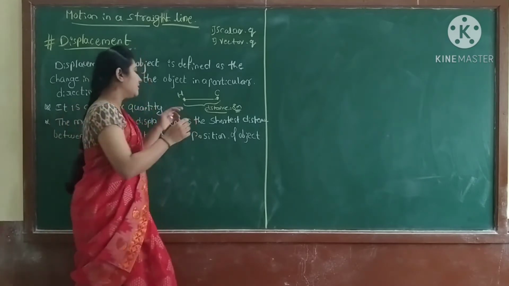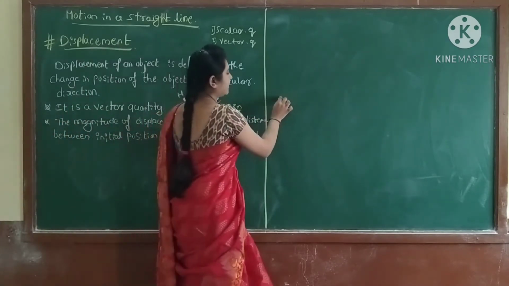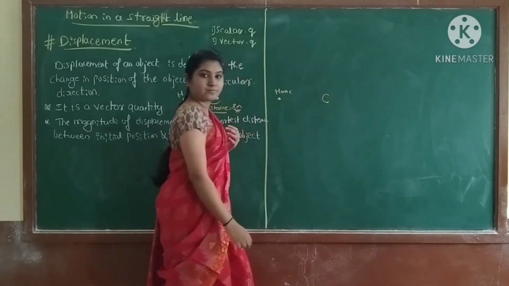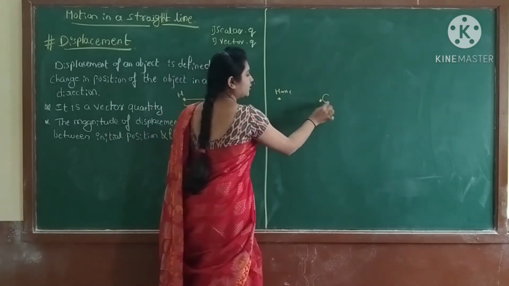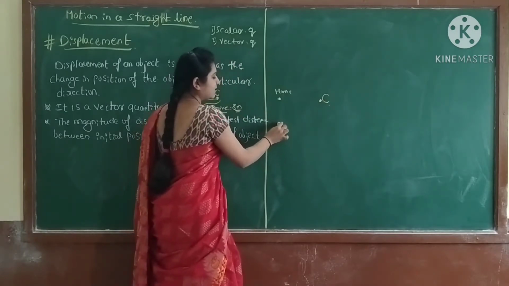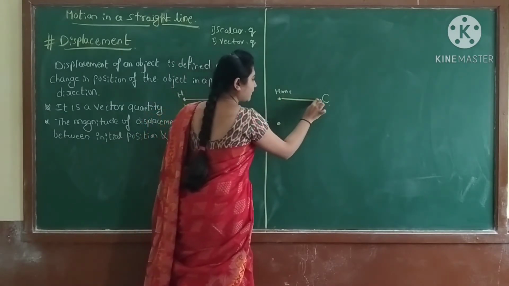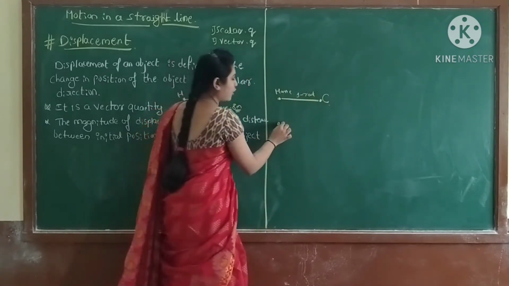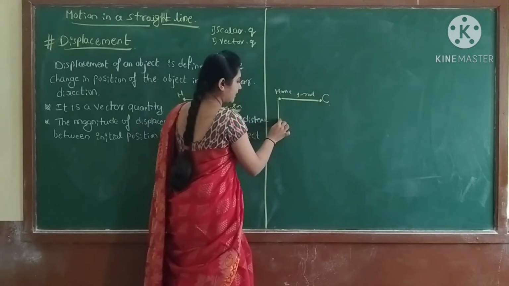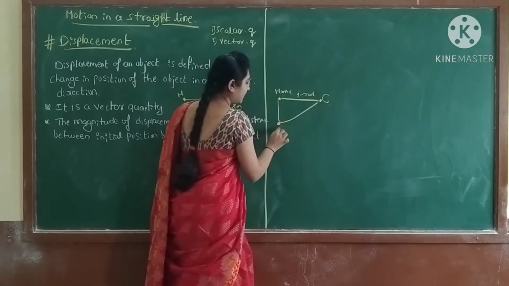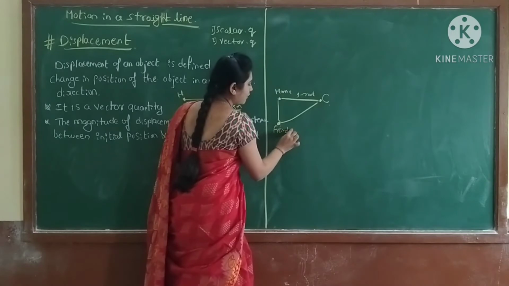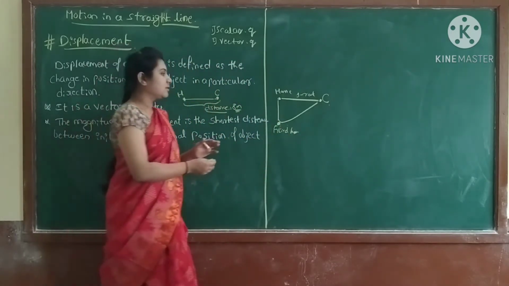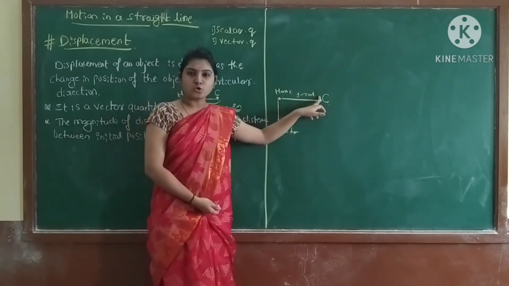See, now just consider your home is here, and your college is here. From here one route will go, the first route, and from there you will come here and again go here. Here is your friend's home. So what will you do? First, you will go directly to the college.